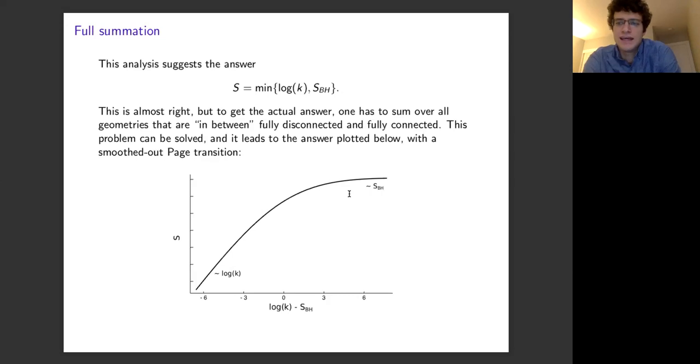Yeah, it should be. It's not just the island. It's any time when you have some holographic entropy computation where there are two contributions. We say that the holographic entropy formula says that you're supposed to take the minimum of the two, but it's not really right. The right thing to do is to do the full replica trick and then take the limit n goes to 1, and you're going to get some kind of smoothed out transition between the two. In most cases, the computation is too hard to actually try to do it.